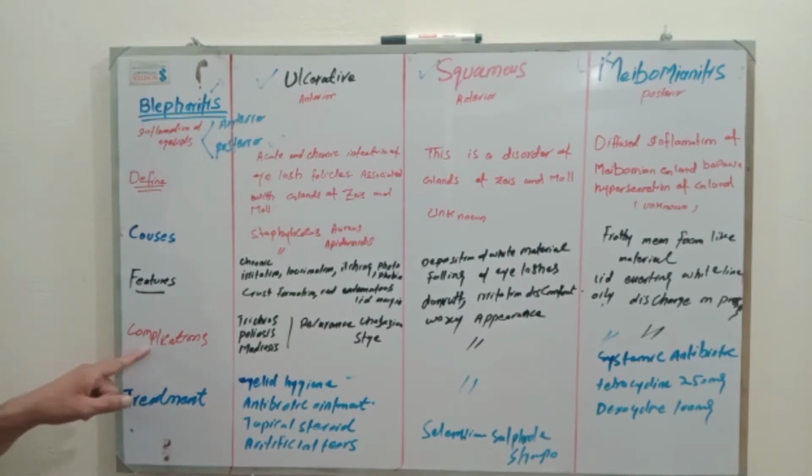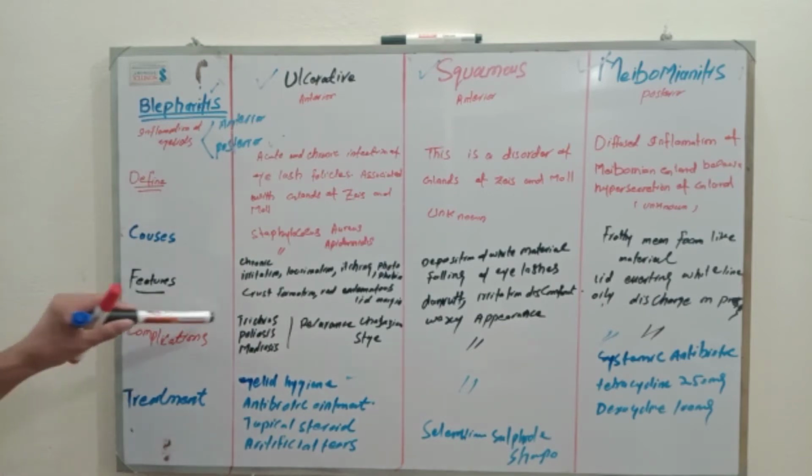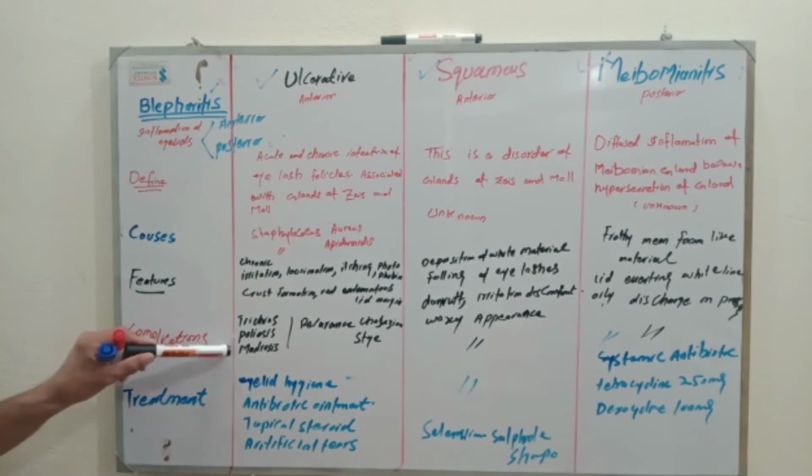Now, what are the complications of ulcerative blepharitis? First one is trichiasis. It means eyelashes directed inward. In normal position, the direction of our eyelashes is outward, but in this case the direction of eyelashes becomes inward. Poliosis. Here the loss of color of eyelashes is called poliosis. Madarosis.